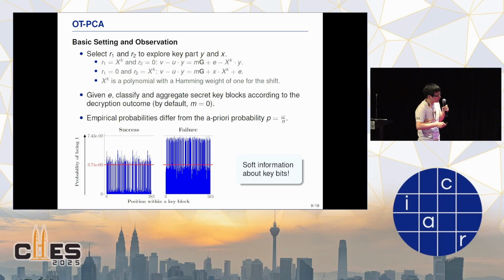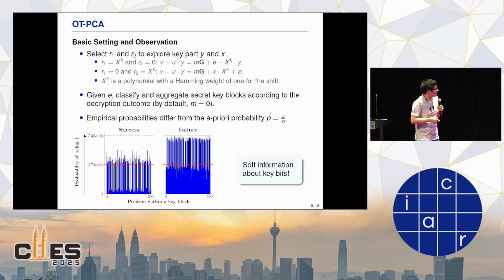If you reach the decoding boundary, this perturbation may change the decoding output. The power k is a method to shift this secret key polynomial. This allows you to shift different blocks of the secret key to different positions.